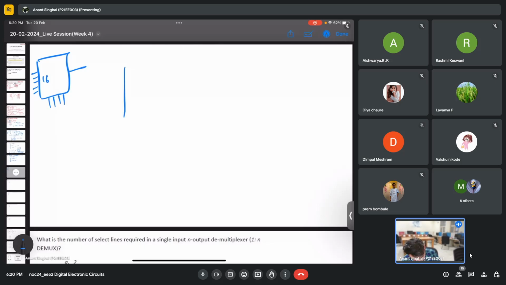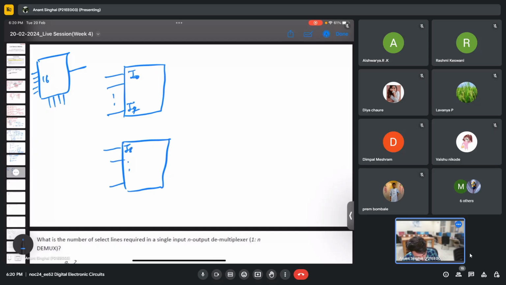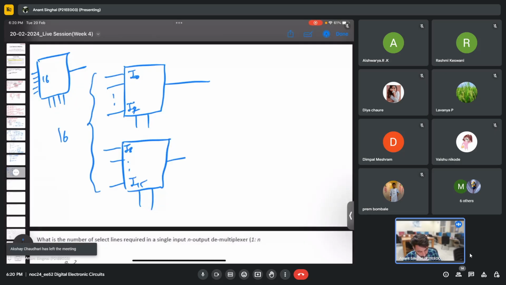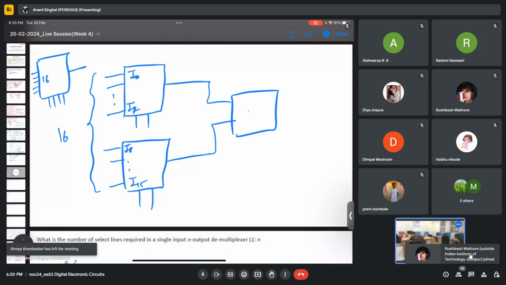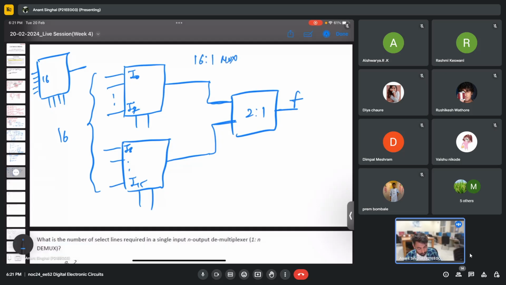Now I use a 2 cross 1 mux, since I have 2 inputs, and it will give me the f that is required. So I have made a 16 cross 1 mux using two 8 cross 1 muxes and one 2 cross 1 mux. Is there any doubt?